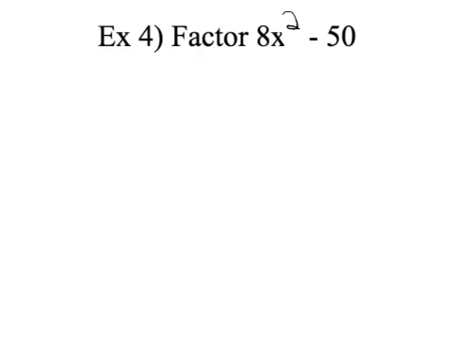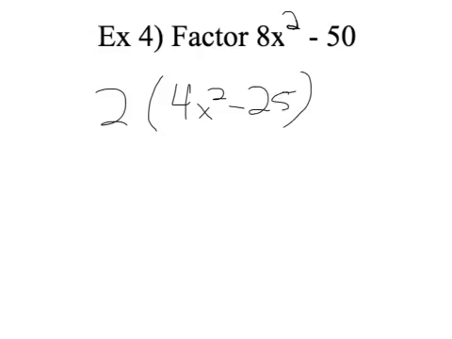Number 4, 8x squared minus 50. This one does have a greatest common factor between 8 and 50. The greatest common factor would be 2. So we're going to put a 2 on the outside and divide each term by 2, which would give me 4x squared minus 25. Then we need to look at the binomial inside the parentheses. It has 2 terms.